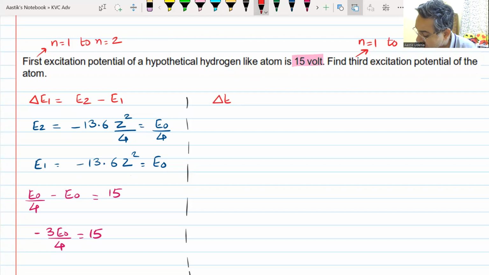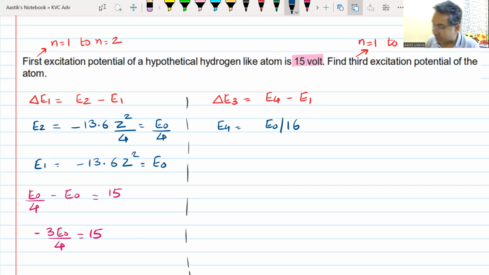Then I move on to the next part of the question. In the next part, I am given the third excitation potential. From there, I can find out the third excitation energy, which will be the energy required to move from first to the fourth orbit. Yes or no? Yes. To get the value of E4, this E4 will be equal to E0 divided by 16. Yes or no? Yes, sir.